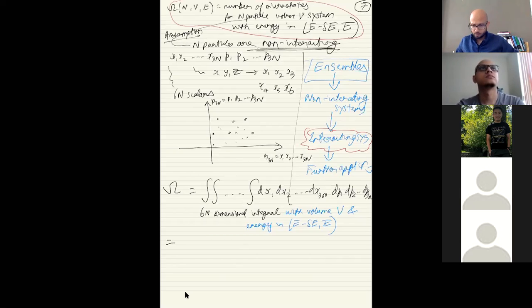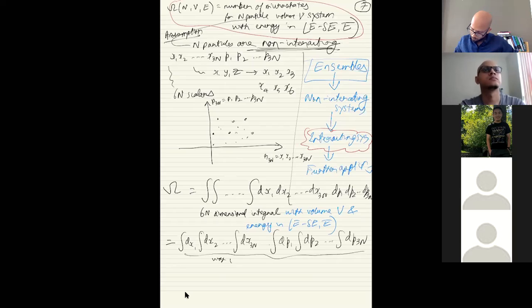Let's write down this integral as first integral over dx1, dx2, dx3n multiplied by integral over dp1, dp2, dp3n in the presence of all of these constraints with volume V and energy E minus delta E. And now let's focus on this configuration space part of the integral.